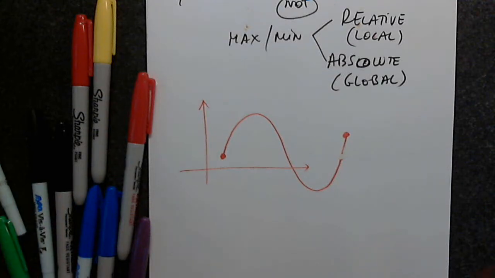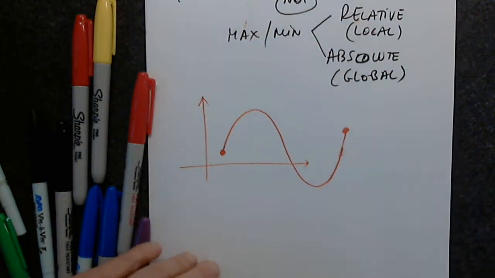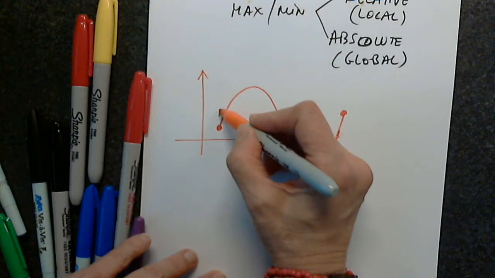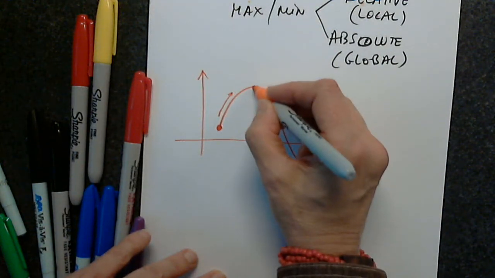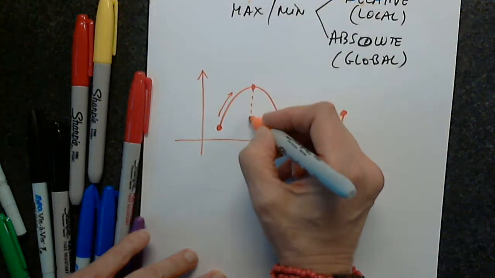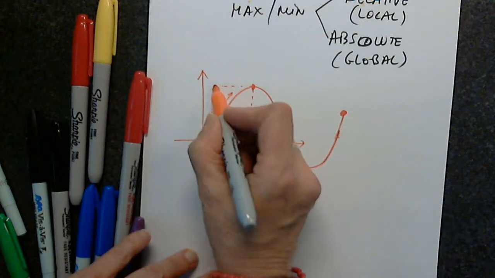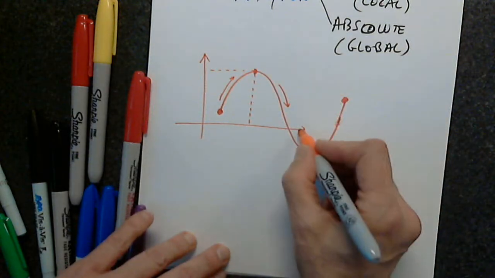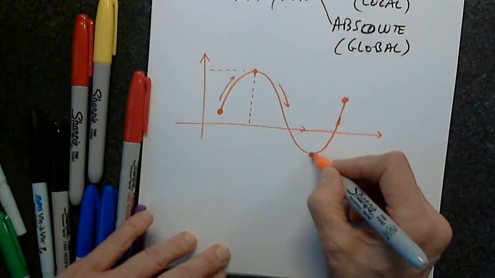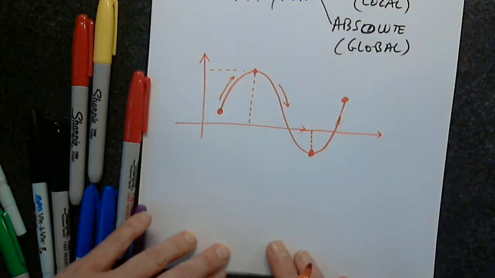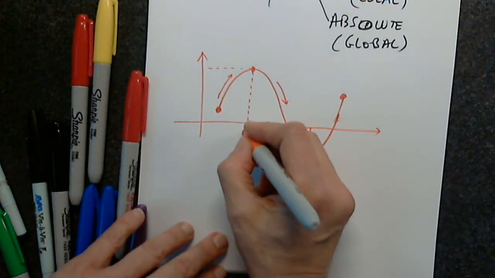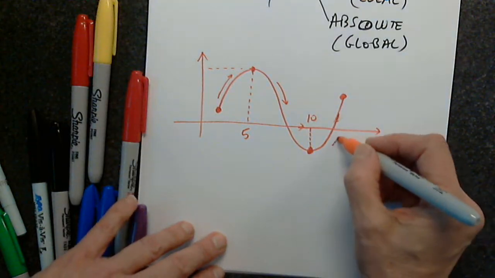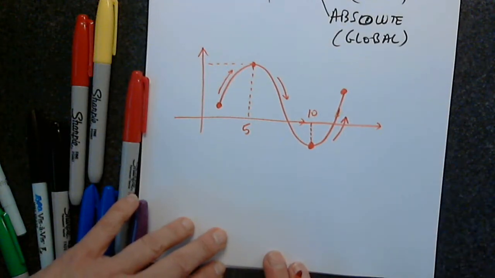Okay, so I see that the function is definitely increasing till it reaches this point, right? Agreed? I see that the function is definitely decreasing till it reaches this point. I'm going to say this is 5, and let's say this is x equals 10. And then obviously then it starts to increase.